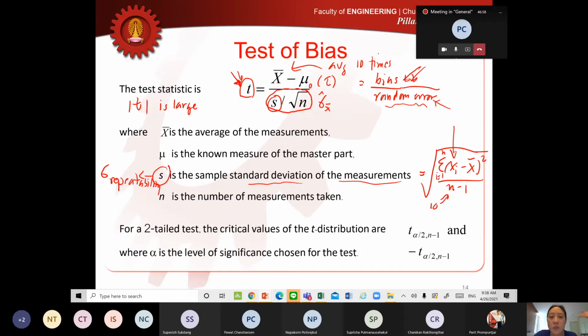Okay, so if the amount of the t value is large, when you have learned about statistics, I'm not sure, in the second year, when t is large and it falls into the rejection region, you will reject H0. When the magnitude is large, you will reject H0.